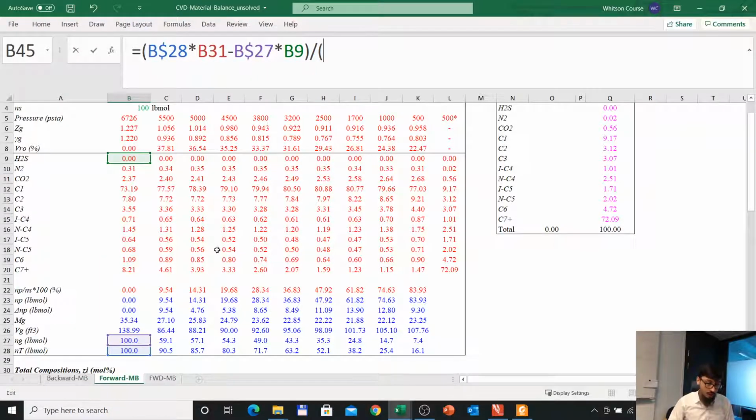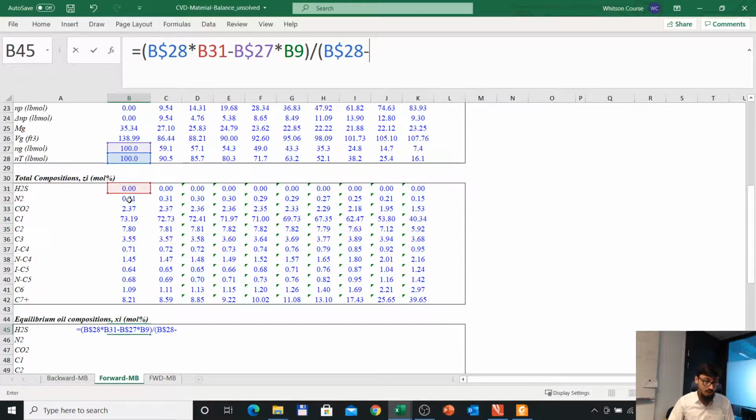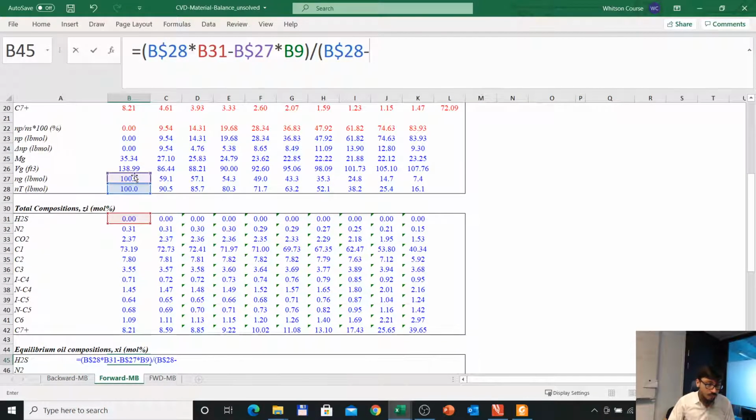So NT is this number here minus NG, which is this number here.